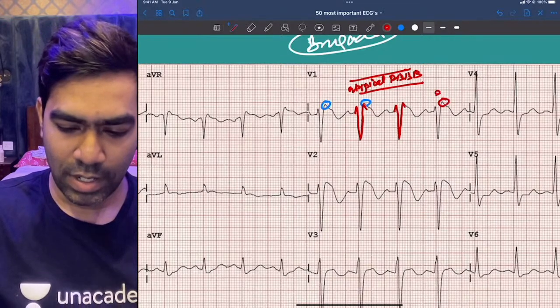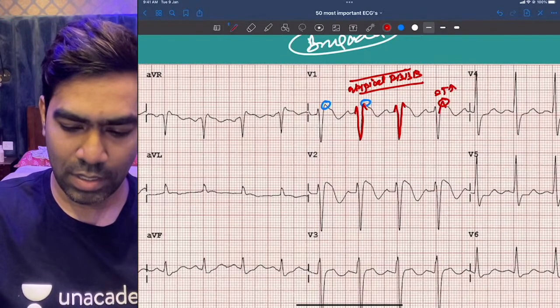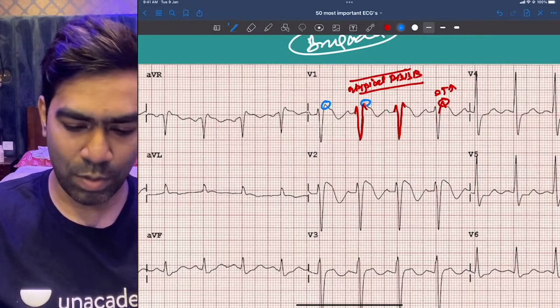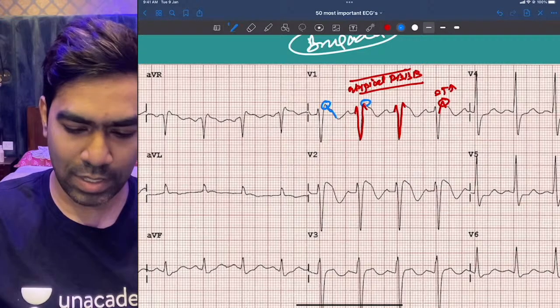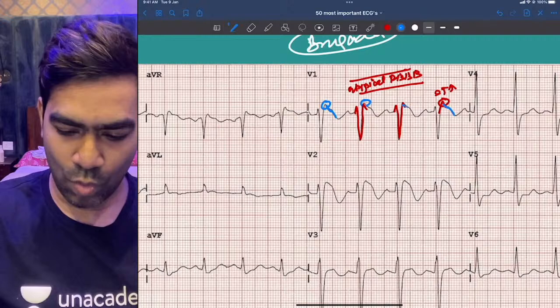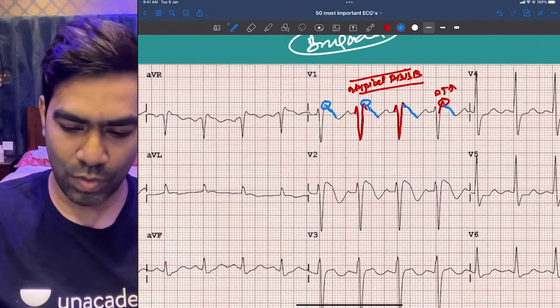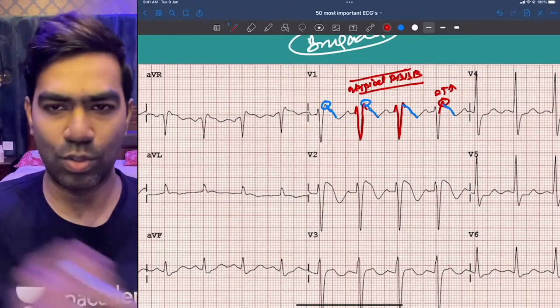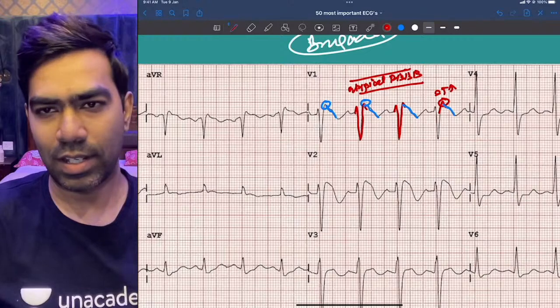Along with it, you will get ST segment elevation like this, and you will have a coved segment. In type 1 Brugada, usually you will get a coved ST segment like this, a smooth descending coving type of ST segment.